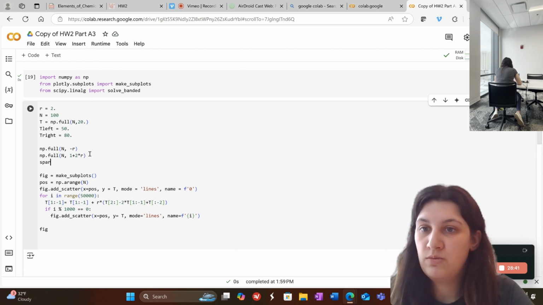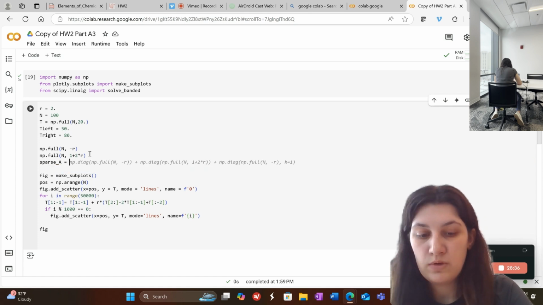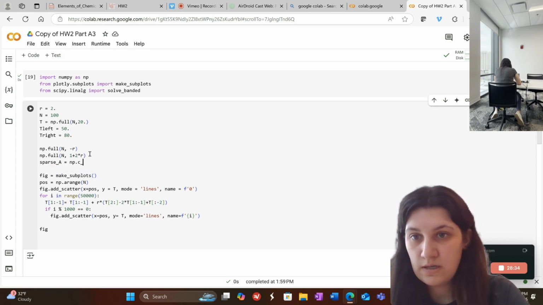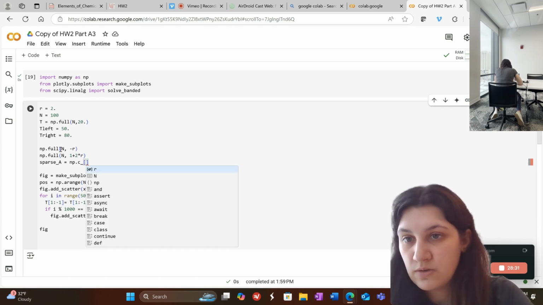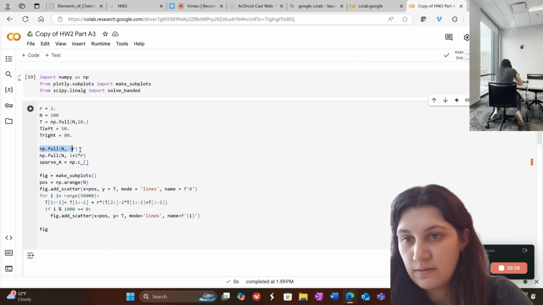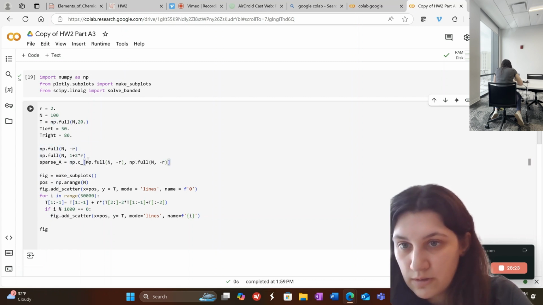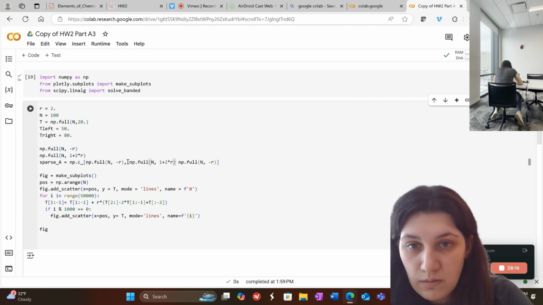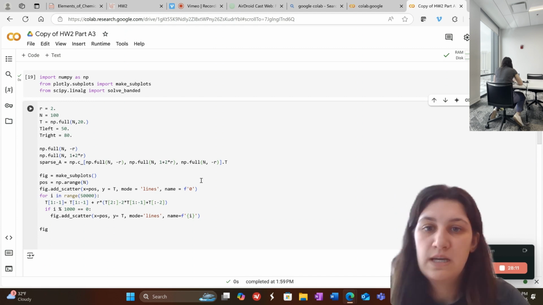And to put it all together, we do sparse_A is equal to np.concatenate. I'm going to just concatenate those together. So we have our upper and lower diagonals, and then we have our middle diagonal. And then we're going to transpose that to make sure that it's the correct size when we're multiplying.